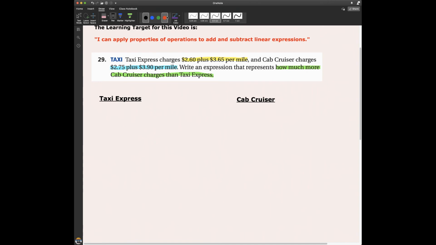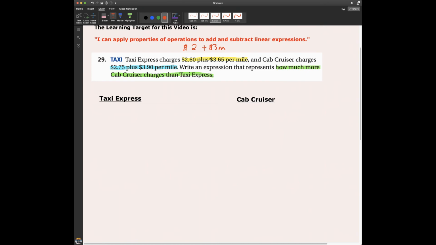So the simpler problem will be Taxi Express charges, let's say, $2 plus $3 per mile, and I'll use M to represent the number of miles. So if you just get in that taxi and go 1 mile, you will owe Taxi Express $2 plus $3 times 1, or that equals $5.